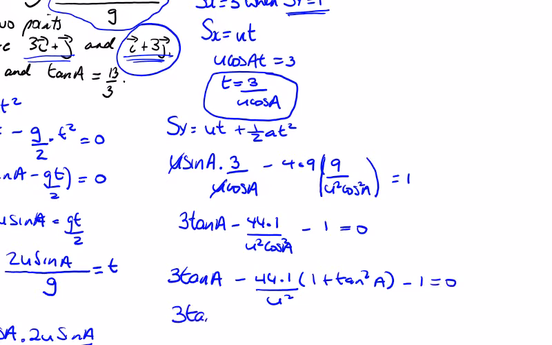So 3 tan alpha minus 44.1 plus 44.1 tan squared alpha, and both of those are over u squared.